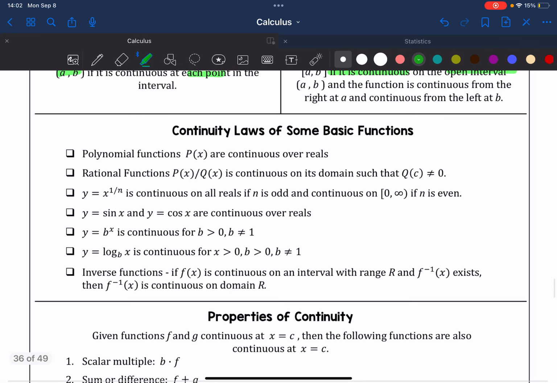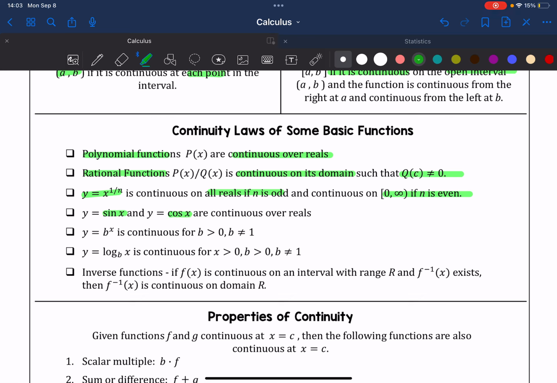Okay, some continuity laws of some basic functions. Polynomial functions are continuous over all real numbers. Rational functions are continuous on the domain as long as q of c is not 0. Y is equal to x to the 1 over n is continuous on all reals if n is odd, and on the positives if n is even.